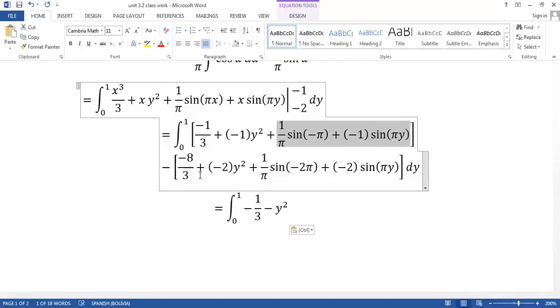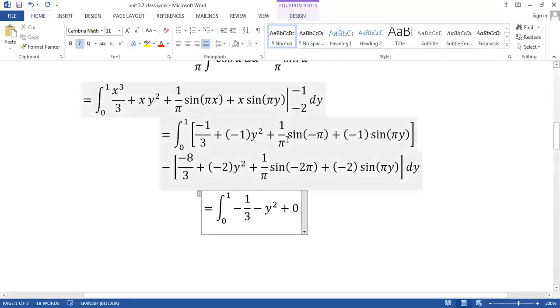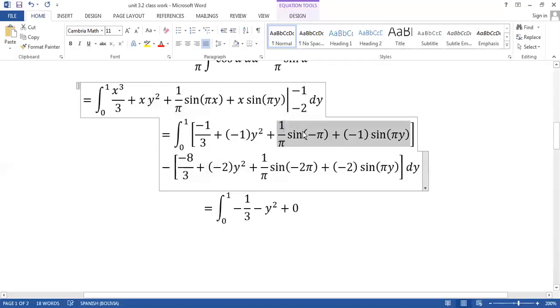Yes, sir. So pi radians is 180 degrees, agreed? Sine of, you said negative 180. Yeah, you're right. And then 0 times, I'm going to put in my 0 so that you know that that becomes 0. Okay, do you understand that?